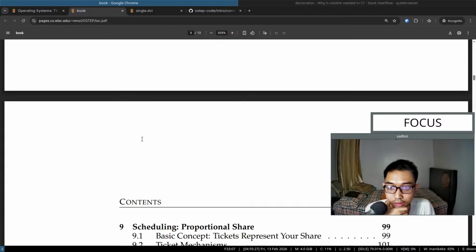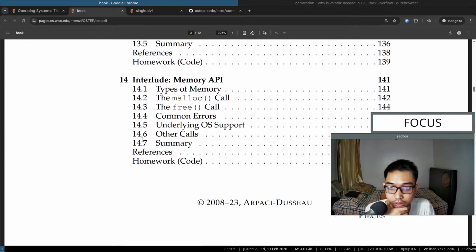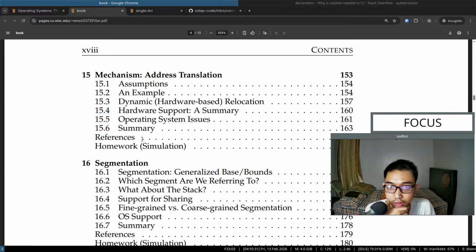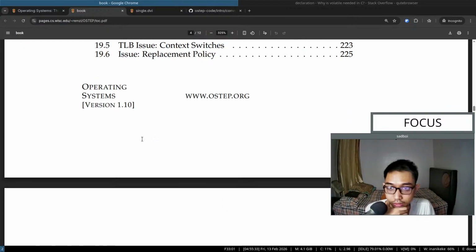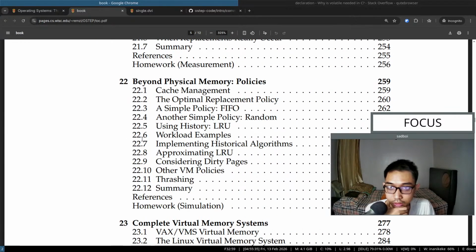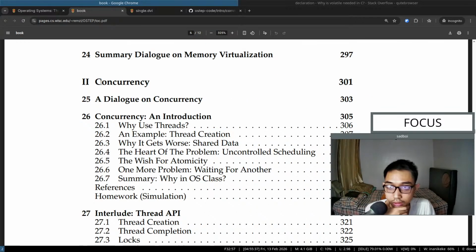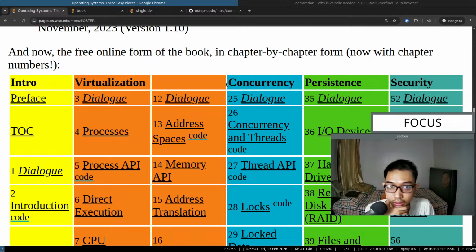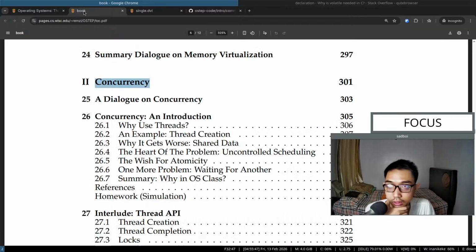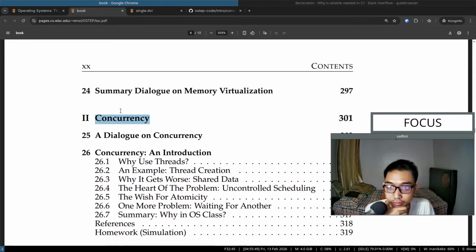I think it is in, where is it? This one, right? The second piece from the three pieces of the book.